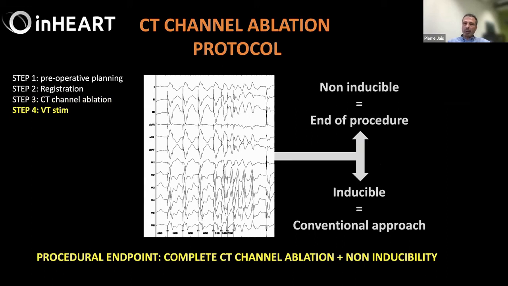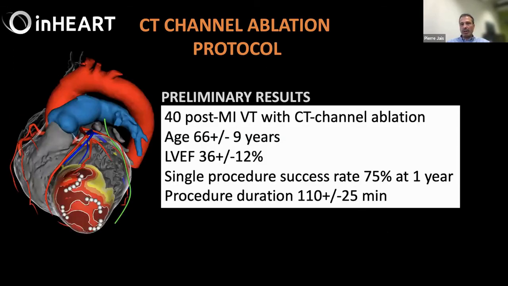And so by doing so, the other positive aspect you can use to discuss with your administration in your hospital to justify the extra cost is that the VT ablation procedure, if you follow this approach, is going to be very short. It's less than 2 hours as a mean, and the standard deviation is very short as well, 25 minutes, meaning that you have no bad surprise here.